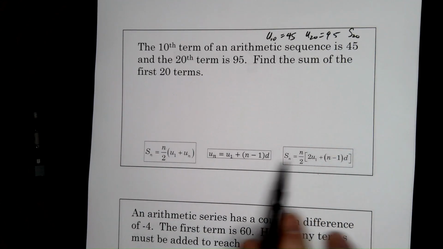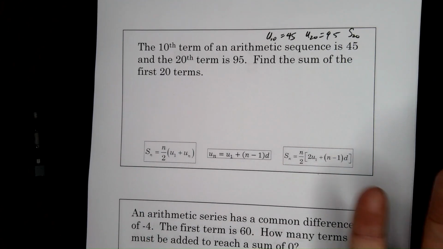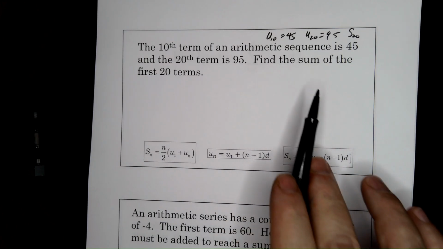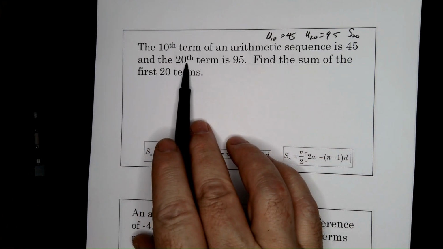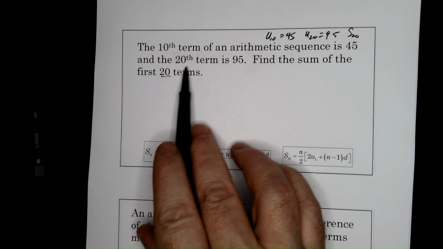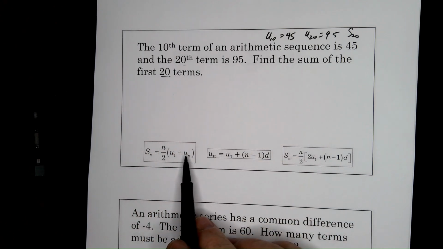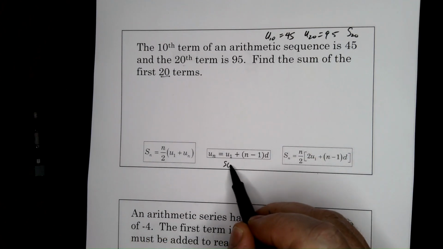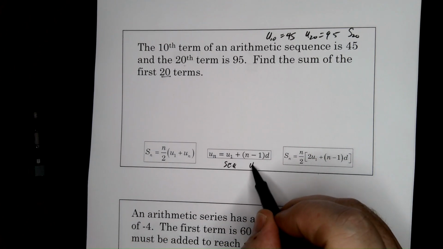Either formula for sum, you need U1 and we don't have it. It doesn't tell us to find it, but we're going to have to, right? And since we're finding the sum of the first 20 terms, and we know the 20th term, we know Un. We know that's 95. So let's use this information with the sequence formula to find U1.